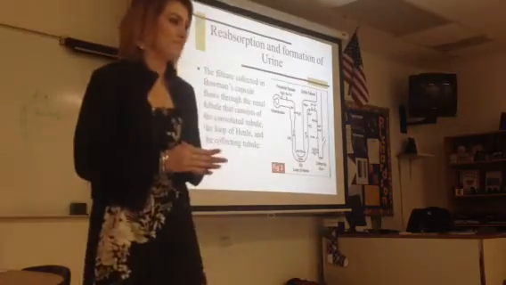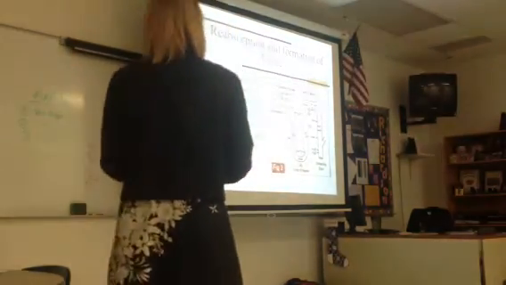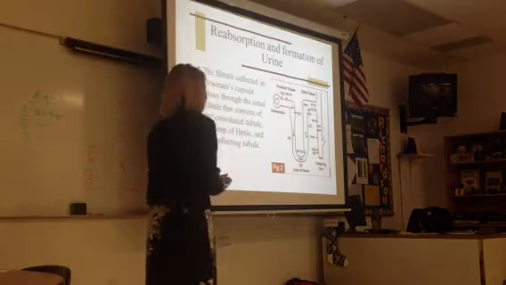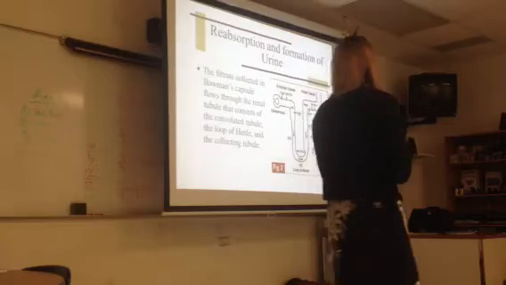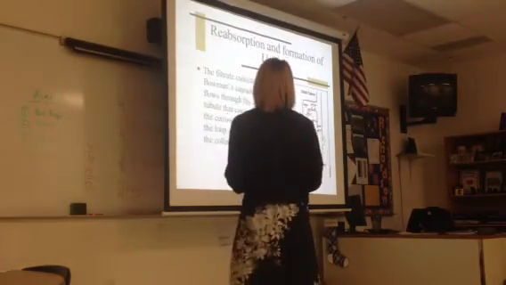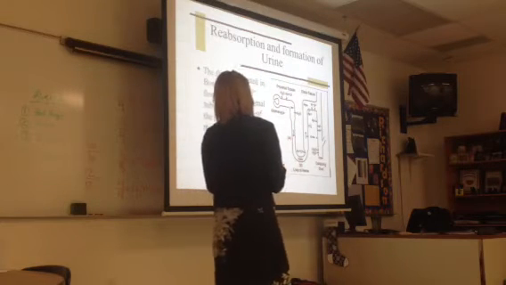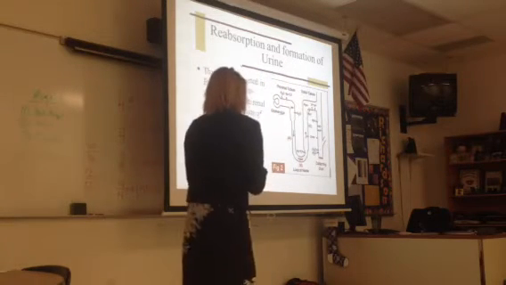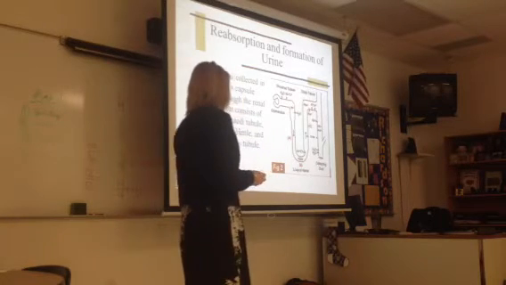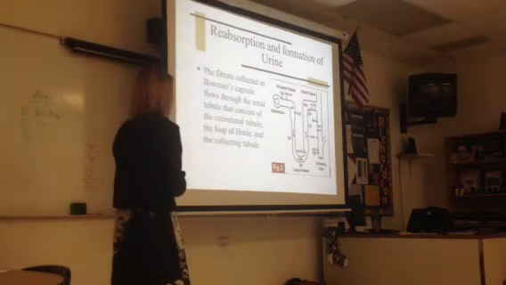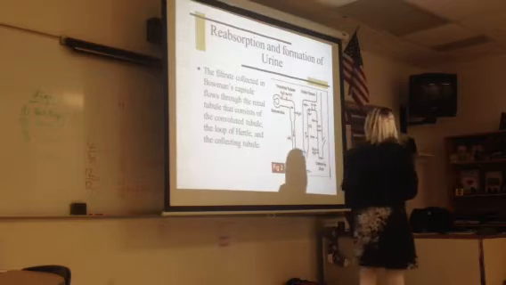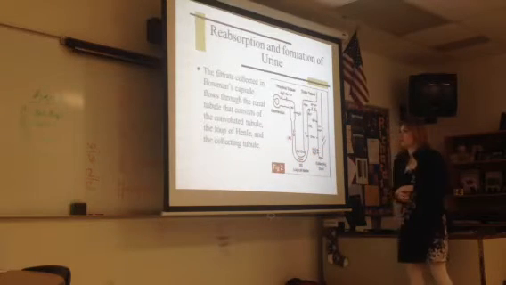Alright, next slide. Reabsorption and formation of urine. The filtrate collected in Bowman's capsule flows through the renal tubule that consists of the convoluted tube, the loop of Henle, and the collecting tube. Those are 3 vocab words that you have. All pictured here.